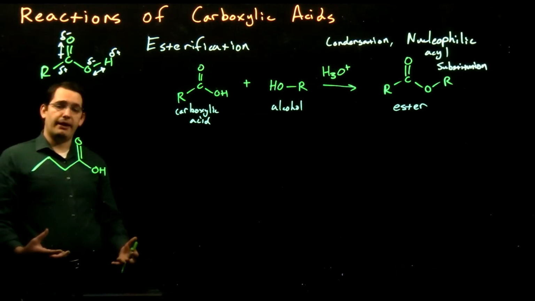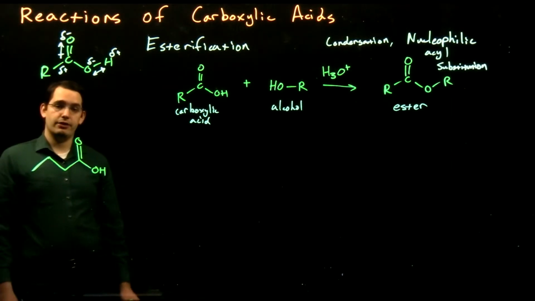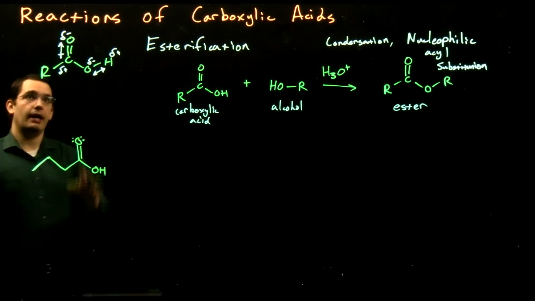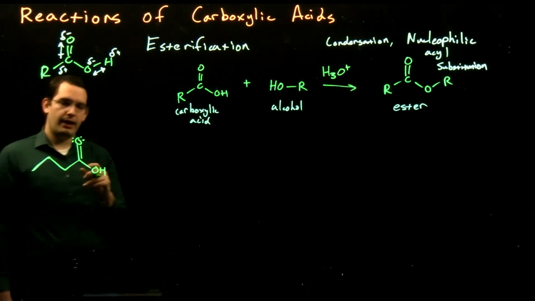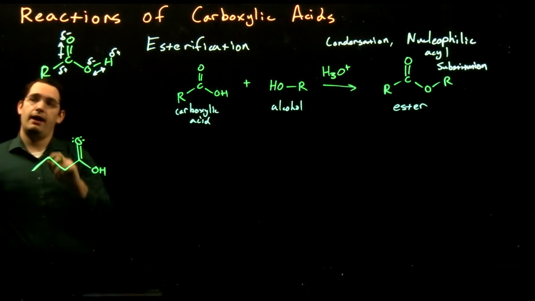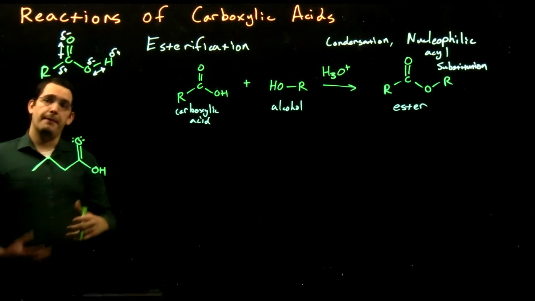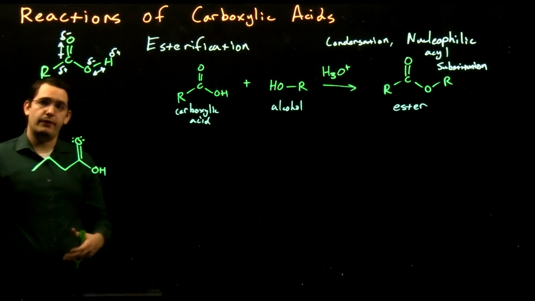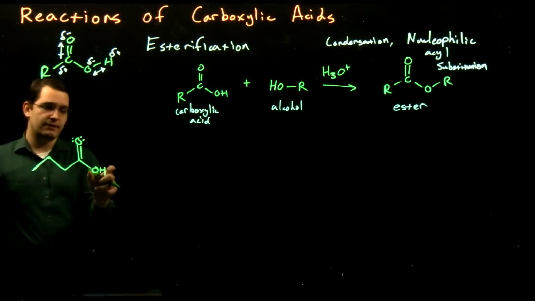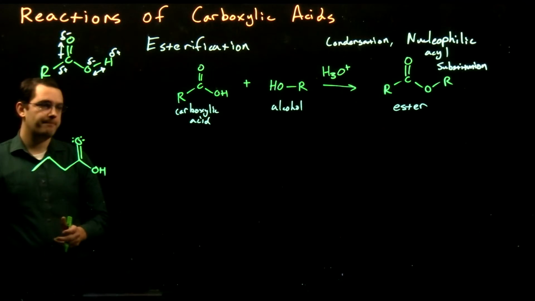Let's walk through the full mechanism of this esterification reaction. So we're going to start with our carboxylic acid. Again, remember our key reactive sites on our carboxylic acid, our nucleophilic oxygens, and our electrophilic carbon. This reaction is going to share a lot of similarities with the nucleophilic addition reactions that we saw with our carbonyls previously, but we'll have some key differences due to that extra hydroxyl group here.